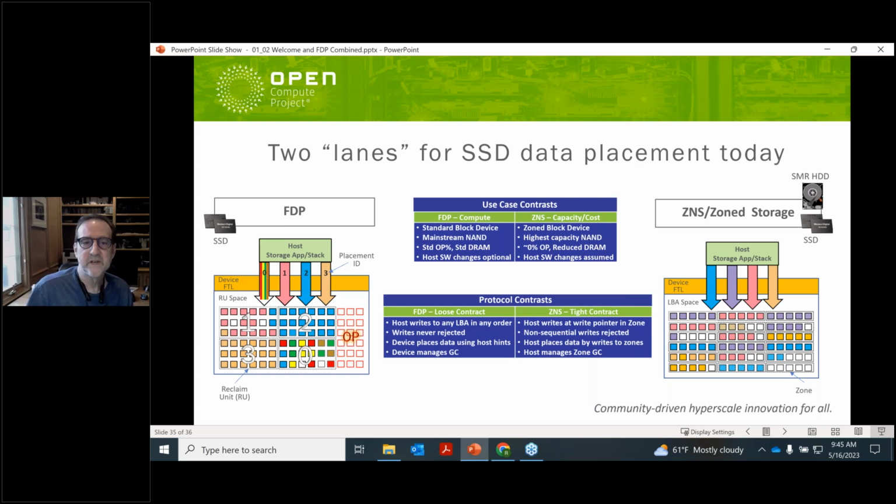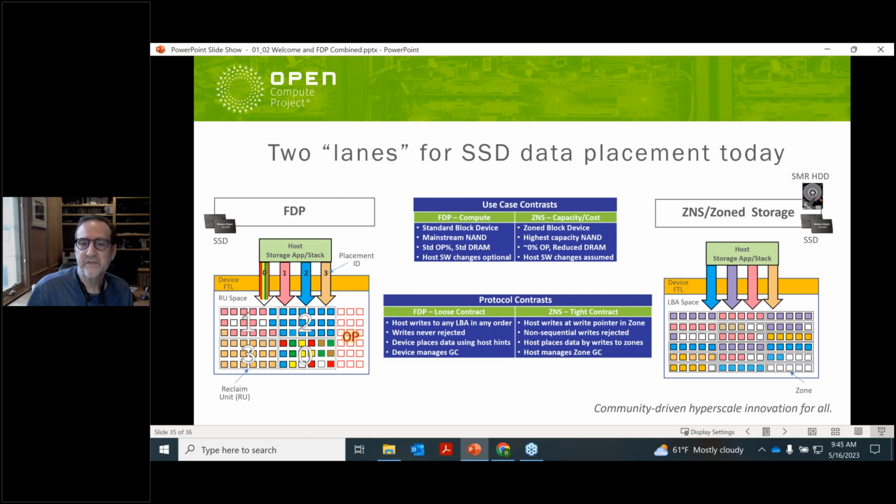It wanted to use the same standard block device, and if TLC was the main center point of NAND, it wasn't overly concerned about using QLC or PLC or the most compact NAND. It wanted to use mainstream NAND, standard device, standard amounts of DRAM, and so FTP is this compute thing.